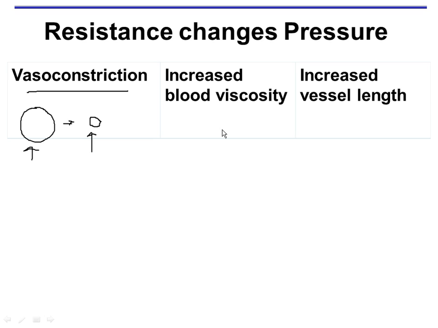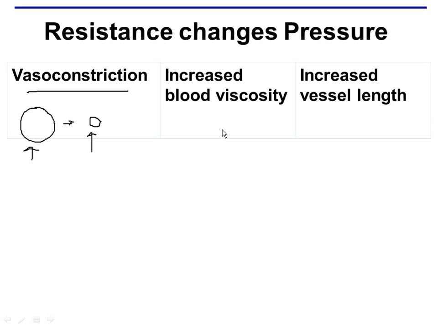And as blood travels through a blood vessel, the longer the blood vessel, the more opportunity there is for the blood to eddy and not flow properly and experience friction against the vessel walls. So the longer the vessel, the higher the resistance.